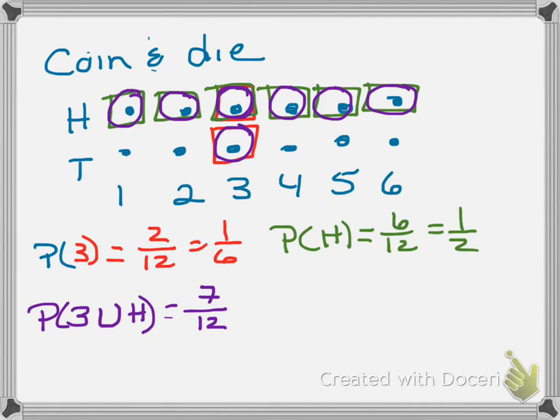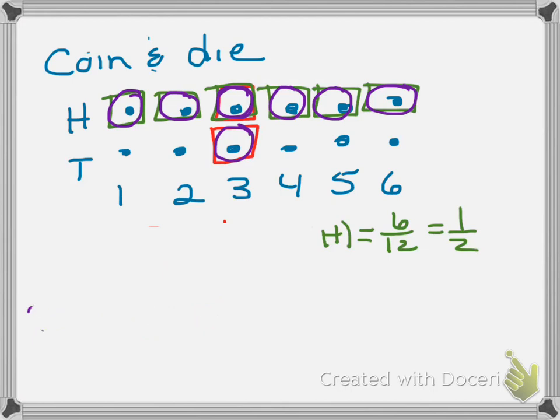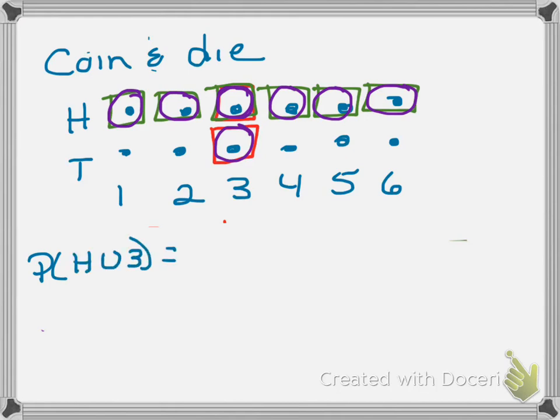Now let's do my probability statement. I think I'm going to need to erase this. I hope you don't mind. Remember my numbers. Let's go back to blue. The probability of getting a heads or a 3.